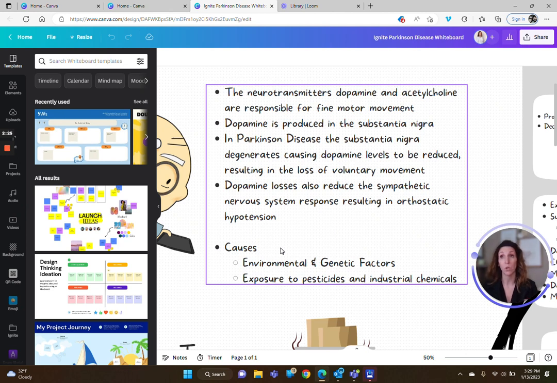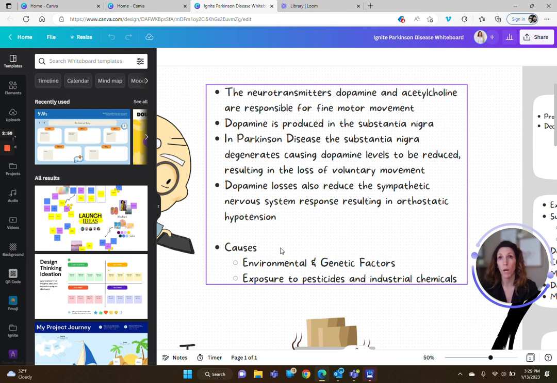Now it doesn't work like it should, and so the patient develops orthostatic hypotension, which is just a decrease in the blood pressure when the patient changes positions, such as from lying to sitting and from sitting to standing. And the causes of this are thought to be environmental and potentially some genetic factors.